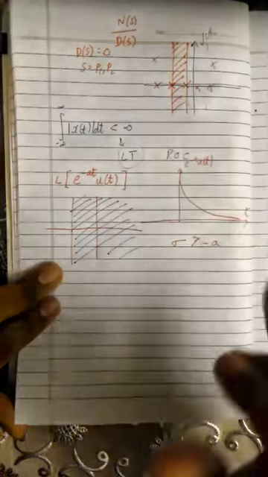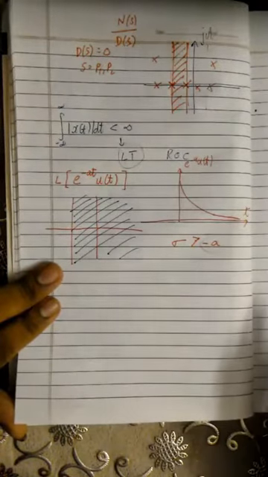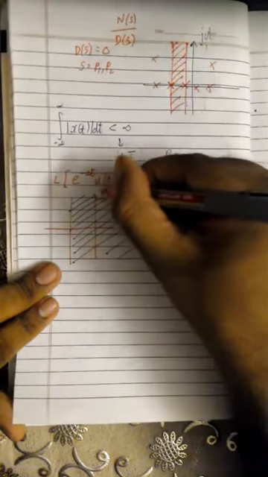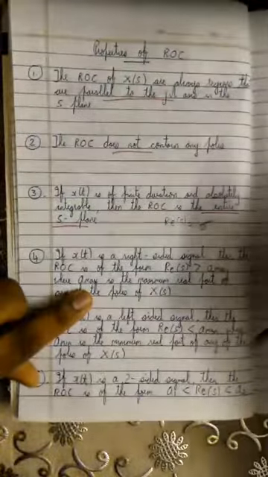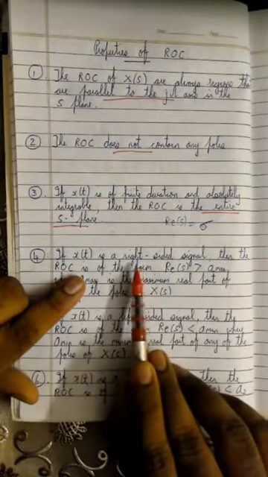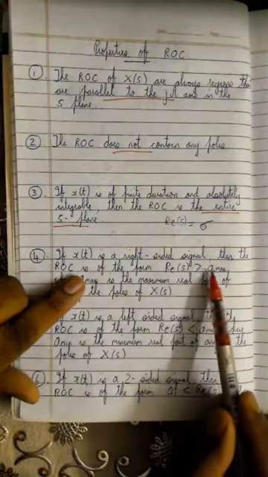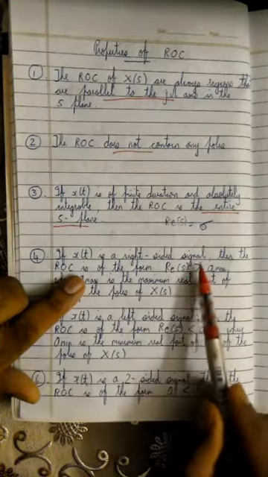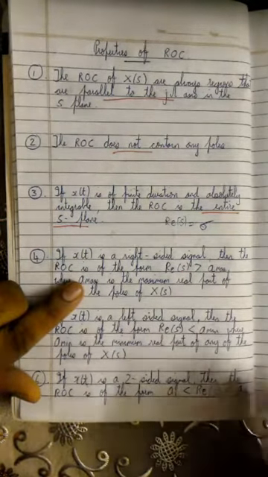In our first problem we got this value, right? So you can compare with this property when you are finding an answer. For example, when you do a problem and you see that the given signal is right-sided, you should immediately understand that the answer you are supposed to get should be in this format. If you don't get the answer in this format, then there's something wrong with your answer.